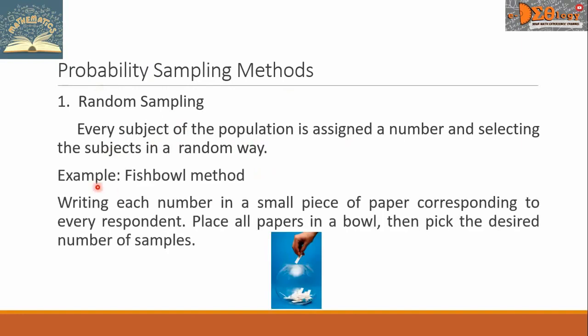As an example, we have the fishbowl method. Write each number on a small piece of paper corresponding to every respondent. Place all papers in a bowl, then pick the desired number of samples.